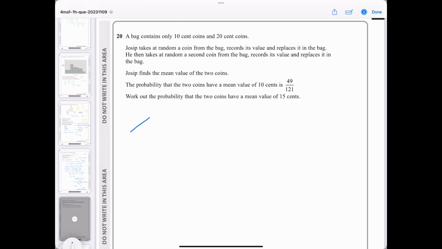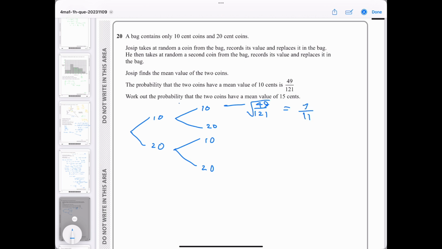So this is it. 10, 20. This one is 49 over 121, and if you take the square root of that, that's 7 over 11. Oh, this is kind of easier than it looked.